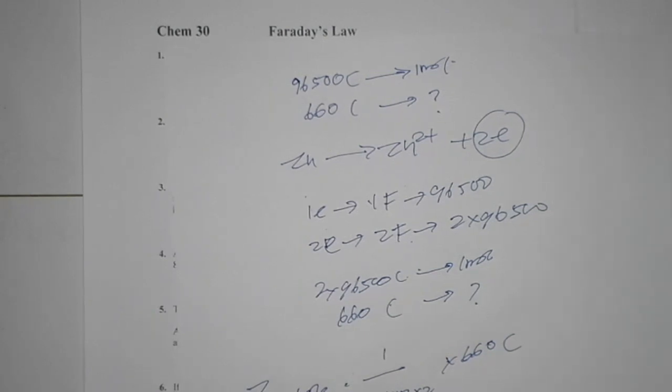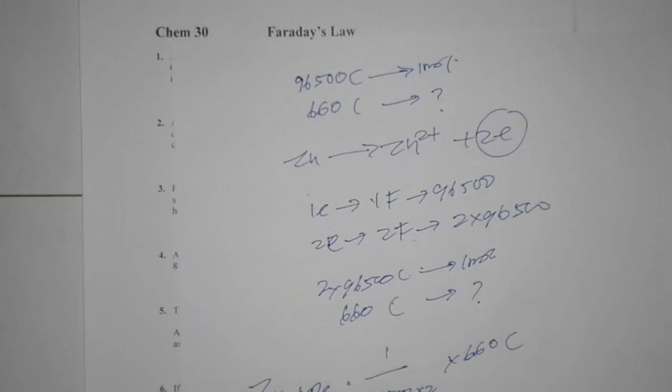Zinc mass equals 1 over 96,500, over 2, into 660, times the molar mass of zinc, 65.4 grams.